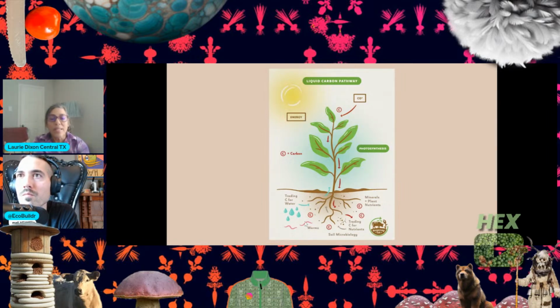And see, the microbes are feeding off those exudates. The microbes are collecting nutrients in the soil, nutrients that, in chemical ag, they'll say, yeah, you've got phosphorus in the soil, you've got calcium, but it's locked up. The plants can't get it. Well, microbes get it, and they trade those nutrients for the exudates that the plant is pumping out.